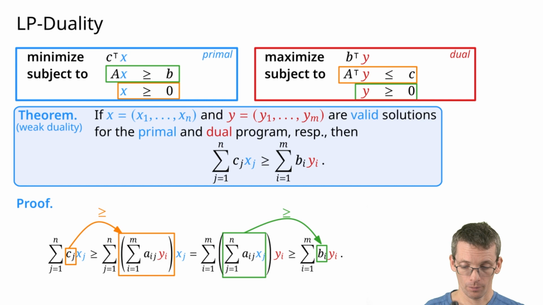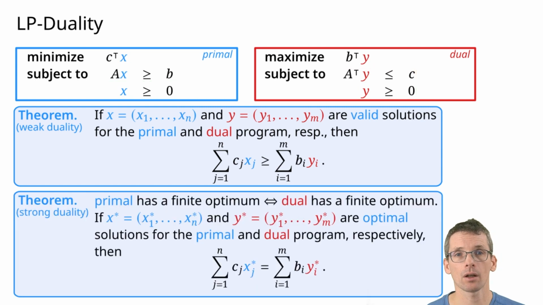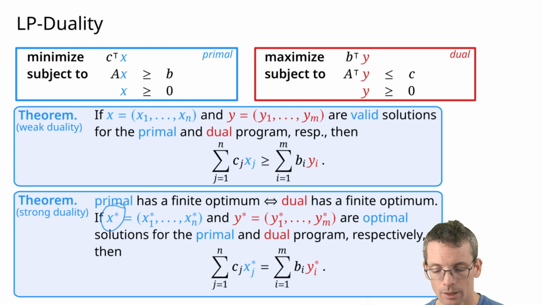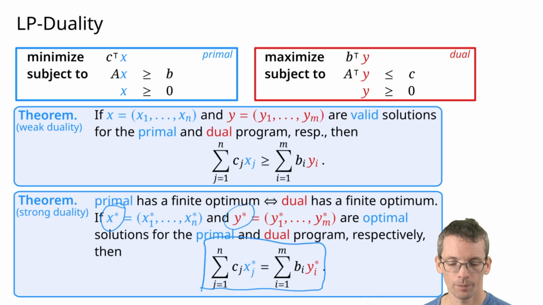And additionally to this, we can make a statement about the optimal solutions, and that is now strong duality. If I have optimal solutions, finite optima to the dual and the primal problem, so let's call these x star and y star, then the objective values are actually the same. So that is strong duality.